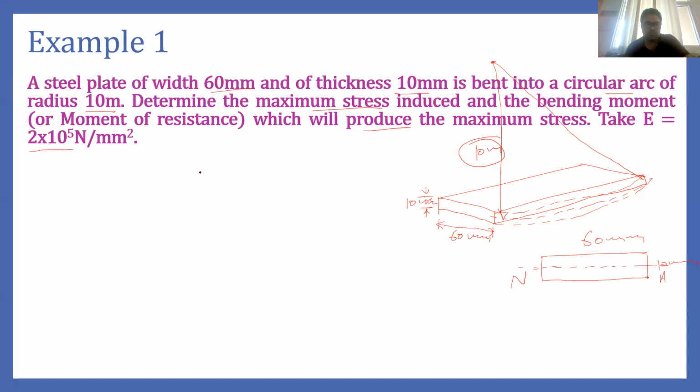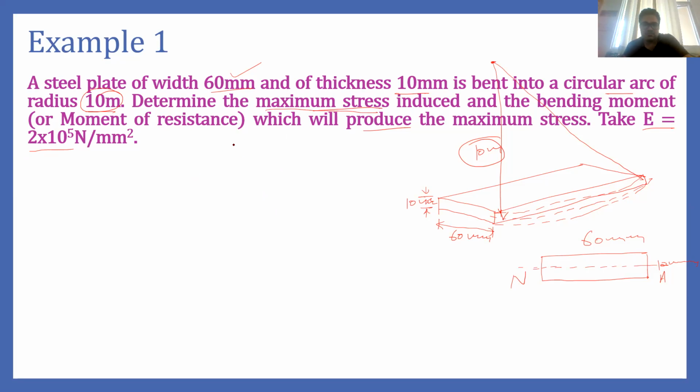We will see what is the data which is given. So here the data is cross-sectional dimension of the plate, and radius of curvature is given, and the value of E is also given. Now we have to see what we have to find out here. So here we have to find out the maximum stress induced in the plate.